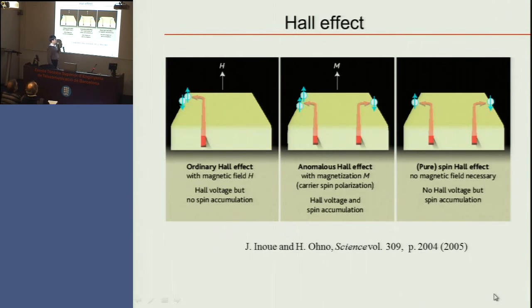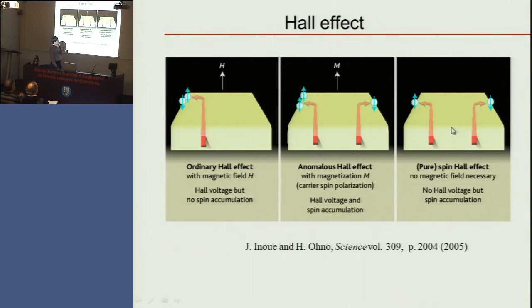What is the spin Hall effect? Without any external magnetic field, if there are spin-orbit interactions in normal matters, not ferromagnetic matters but normal matters with strong spin-orbit interactions, spin-dependent scattering can happen like that.